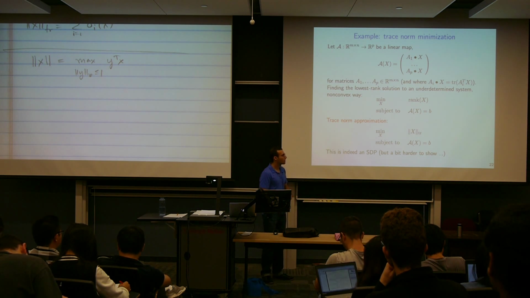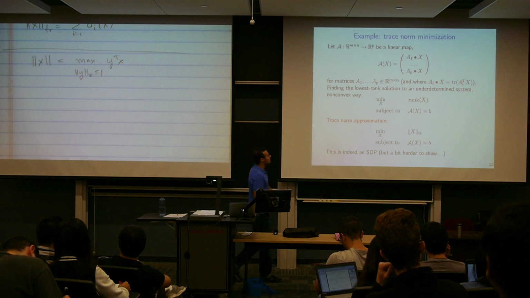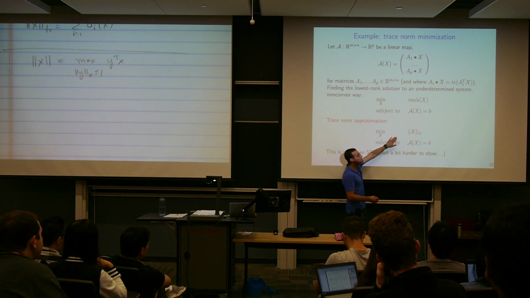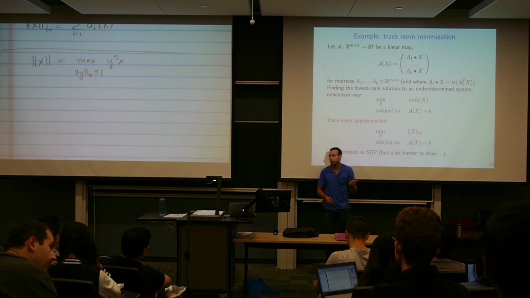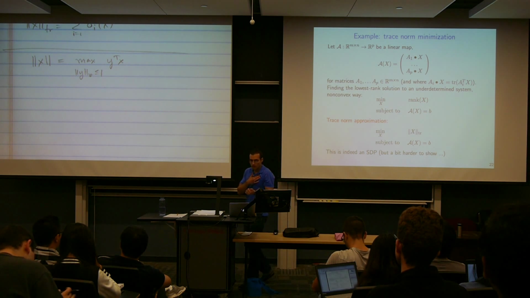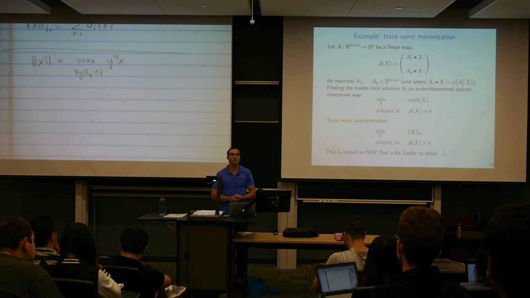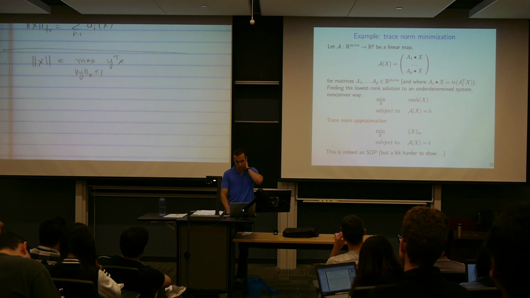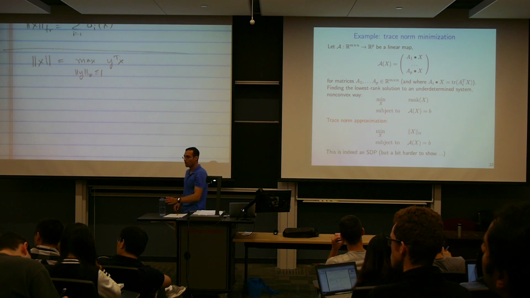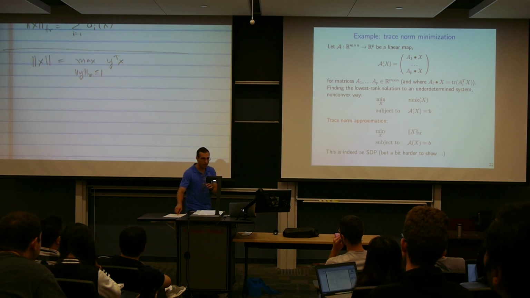Therefore, I can rewrite this problem as the minimum over x of the maximum over y of y dot x, for all y that have operator norm less than or equal to 1. And the set of y's that have operator norm less than or equal to 1, I can actually turn into a semi-definite constraint. That just involves a little bit of massaging. So that's how this is an SDP. Does this mean that we need to write the dual problem? No, we're not writing a dual. We're just actually using duality of norms.